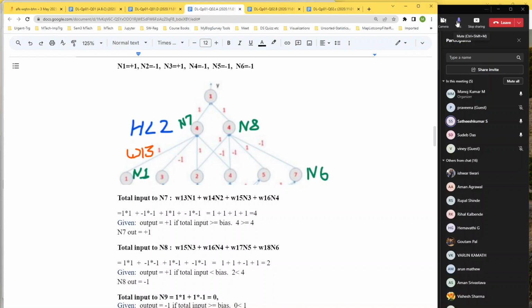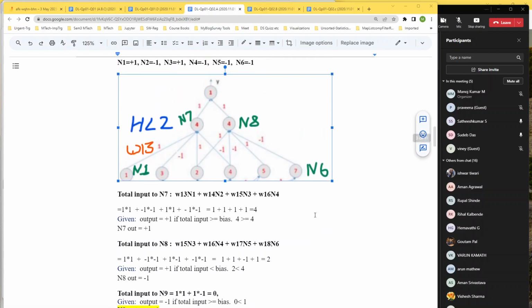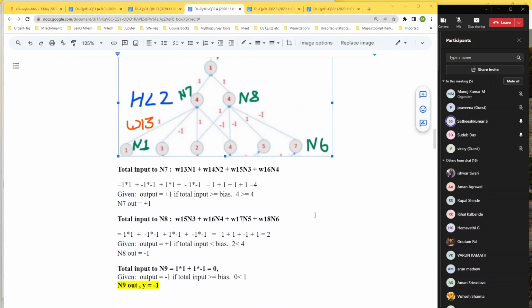Likewise, if you go from N1 to N7, we got N1 as 1. So 1 into 1 is going to be 1. If you compare it with bias 4, it's less than, the total input. So we have to sum up everything.